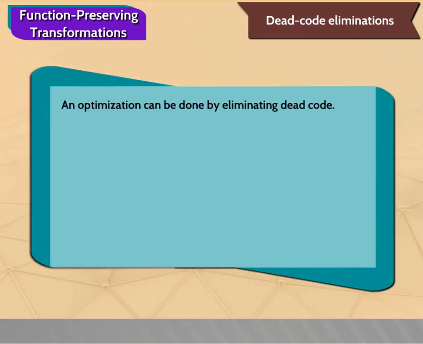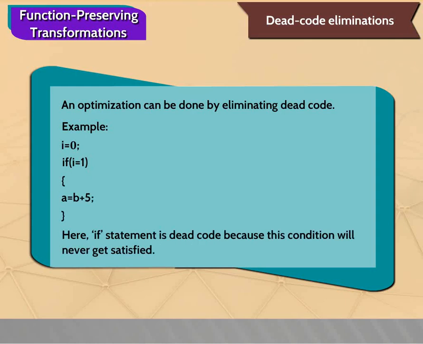An optimization can be done by eliminating dead code. Example: i = 0; if (i == 1) { a = b + 5; }. Here, the if statement is dead code because this condition will never get satisfied.